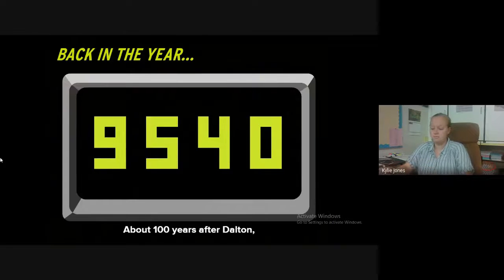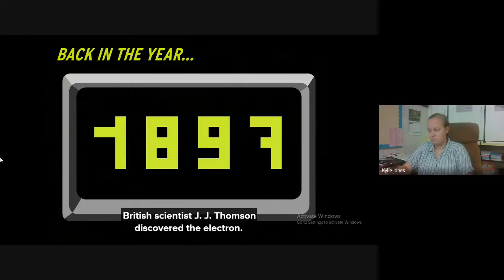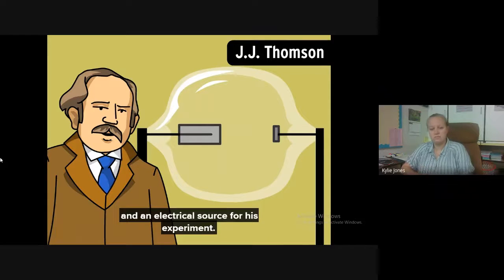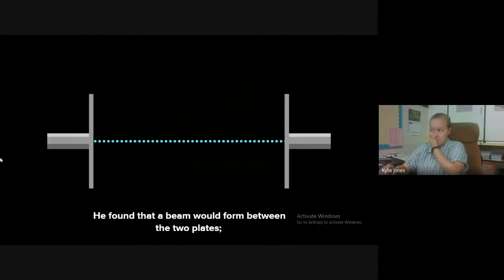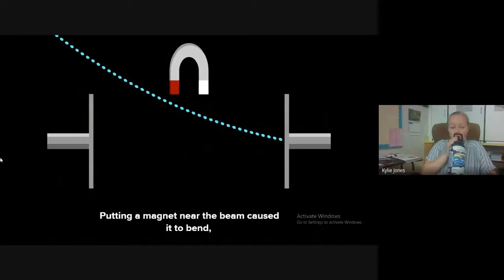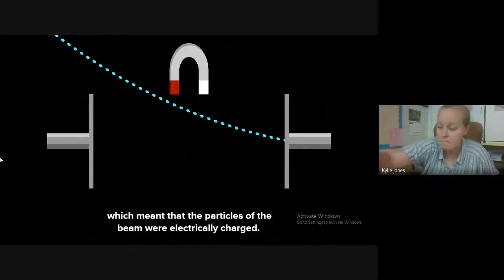About 100 years after Dalton, British scientist J.J. Thomson discovered the electron. Thomson used a vacuum tube with metal plates at both ends and an electrical source for his experiment. He found that a beam would form between the two plates, the cathode and the anode. Putting a magnet near the beam caused it to bend, which meant that the particles of the beam were electrically charged.